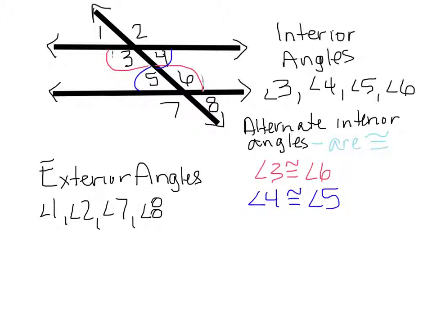Okay, now let's talk about exterior, not just exterior, but alternate exterior angles. All right, we've already talked about exterior angles. What does it mean for angles to be exterior? On the outside.